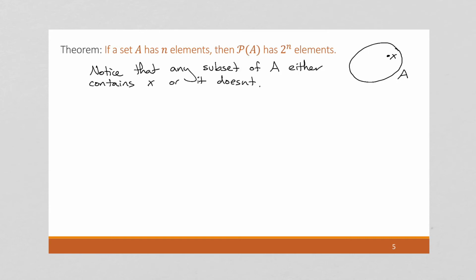We could have a subset here of A that contains X, and we could have a different subset here that doesn't contain X. Okay. And that's true even if A only has a single element, X, because the power set would then have X and the empty set. So the empty set would be a subset that does not contain X, and the set with X would be a subset that does contain X. So this is always going to be true.